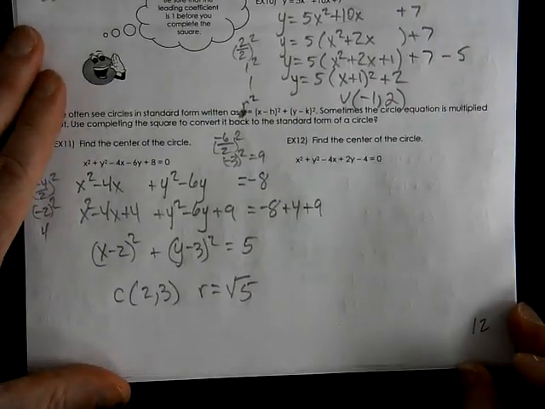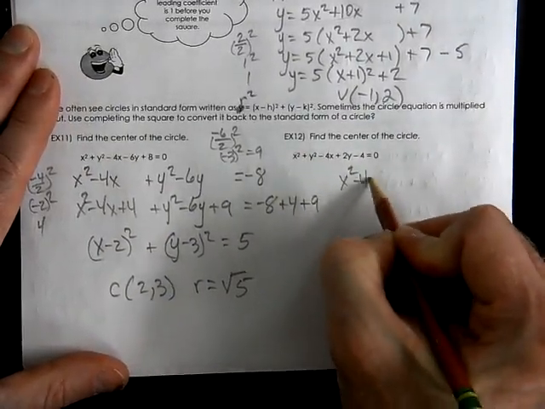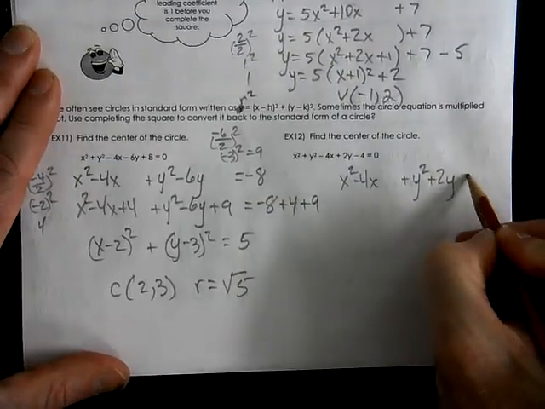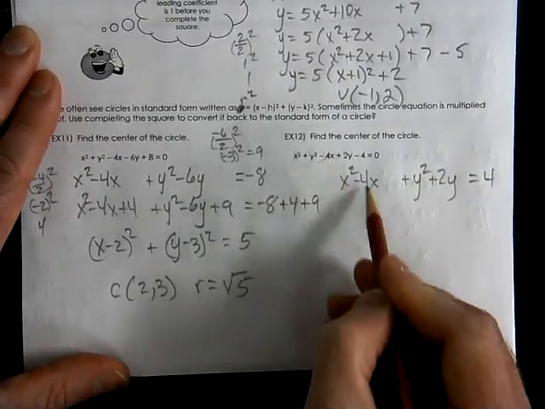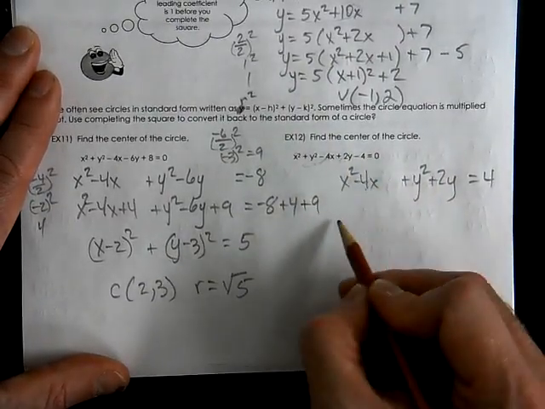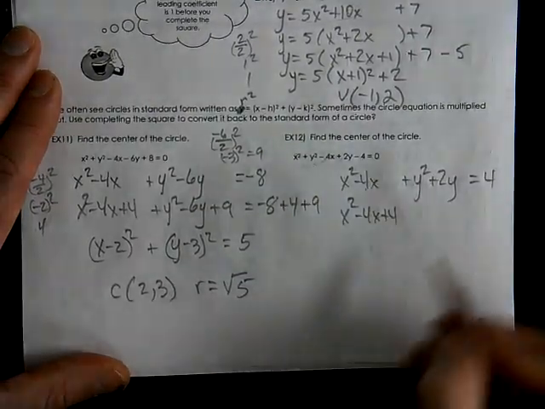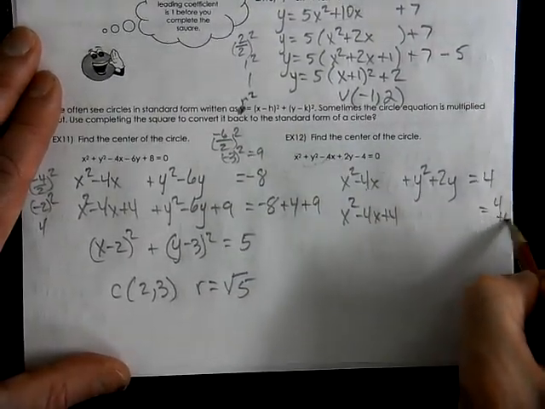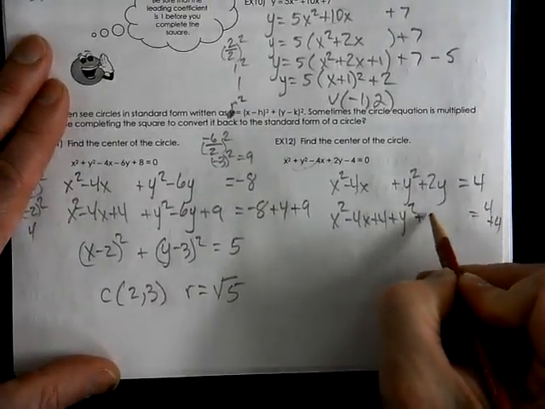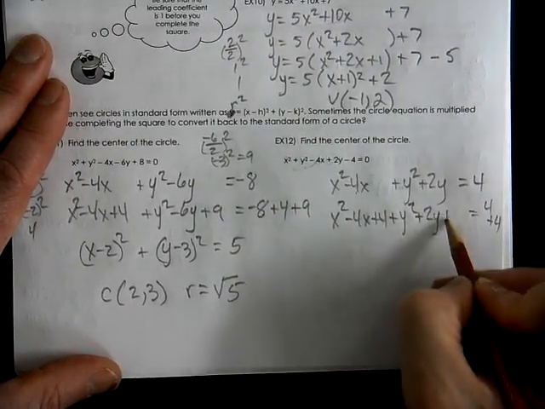To do our last one, it's the same exact thing, just an extra problem to practice. So I reorganize my x's together, I reorganize my y's together, I take my b divided by 2 and square it, which gives me 4. And I add that to the other side. I have my y values. 2 divided by 2 is 1 and square it.